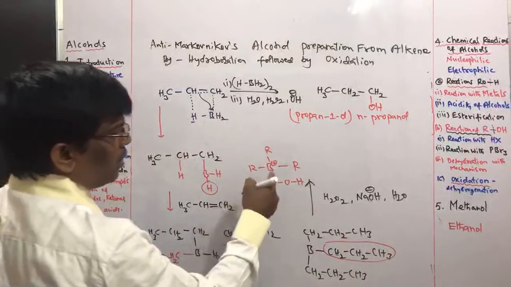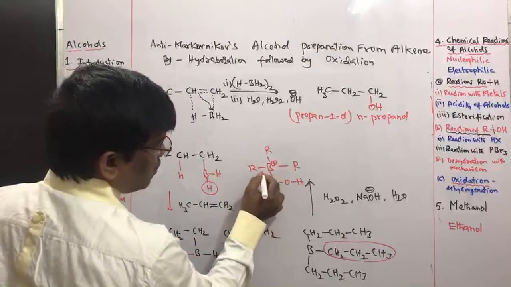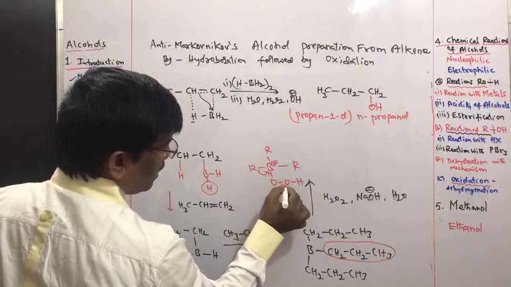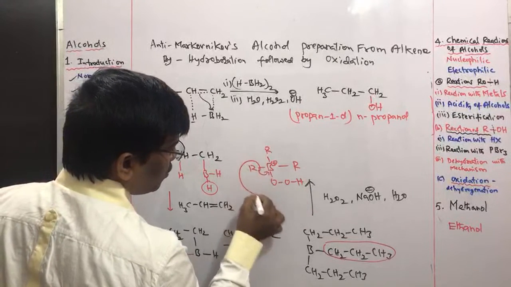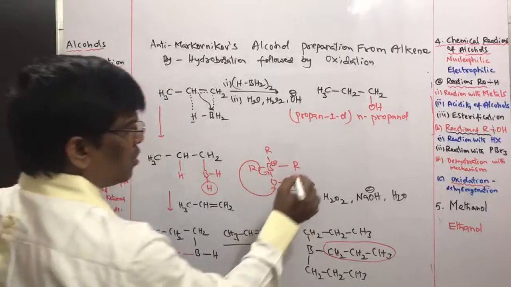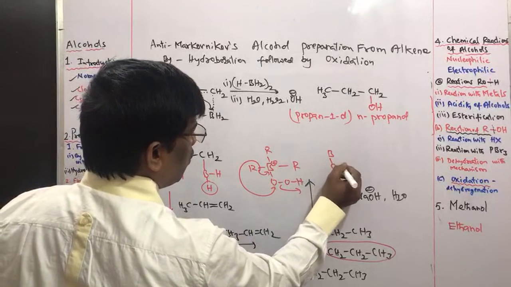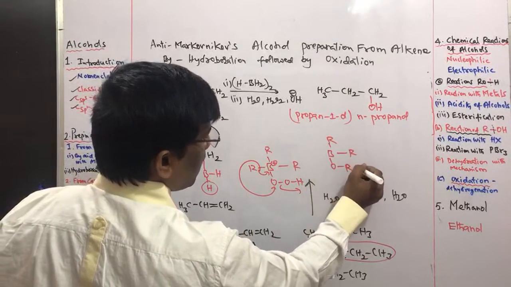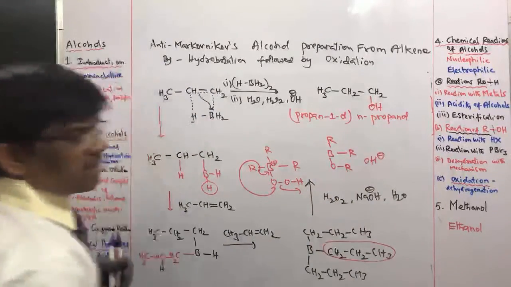It is going to have a positive charge, so it comes here, and this R group is going to migrate to this oxygen, and this OH goes out. So it is going to give O, R, R and OH minus.